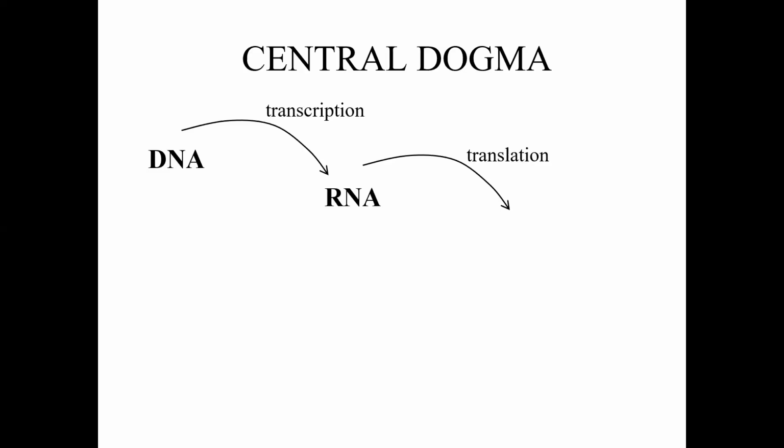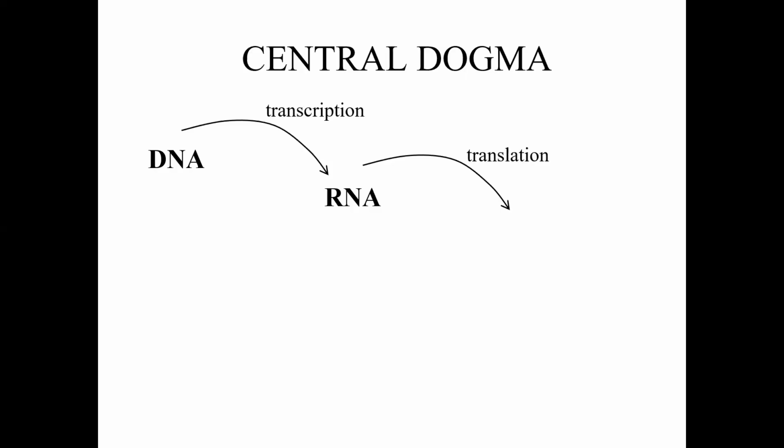So transcription is when you have DNA being converted to RNA. You remember we explained the process of producing DNA from DNA. And when that happens, we say that is called replication.